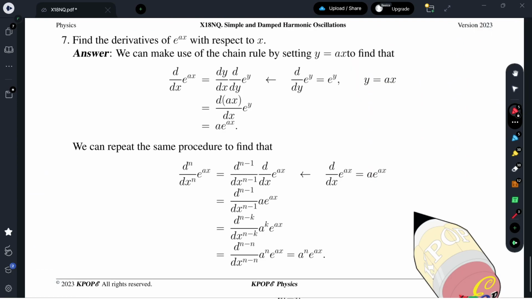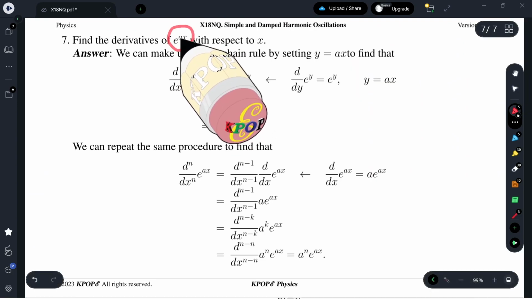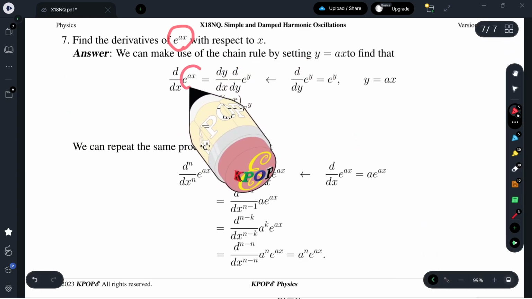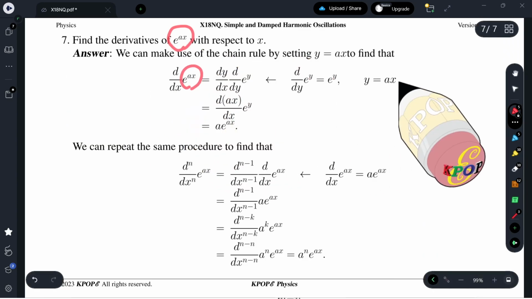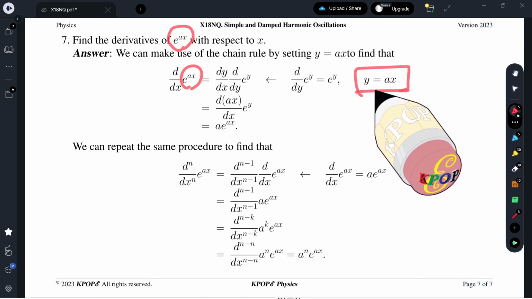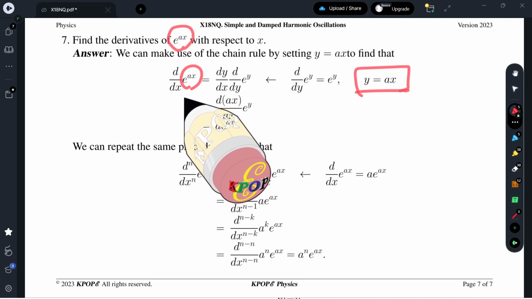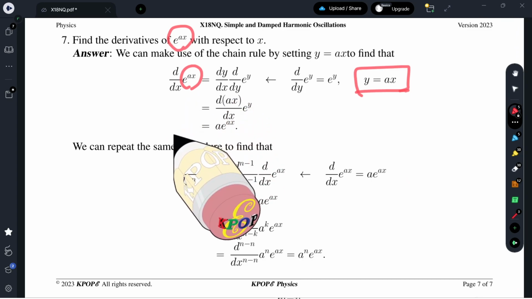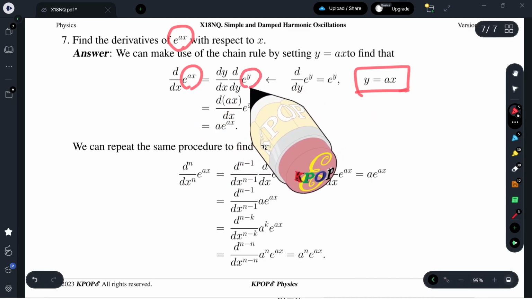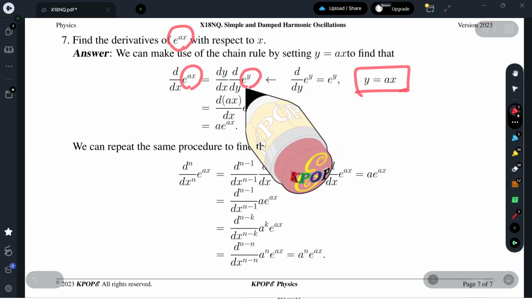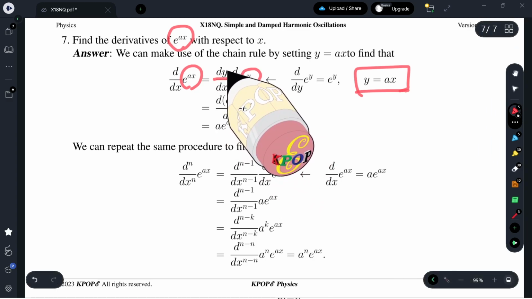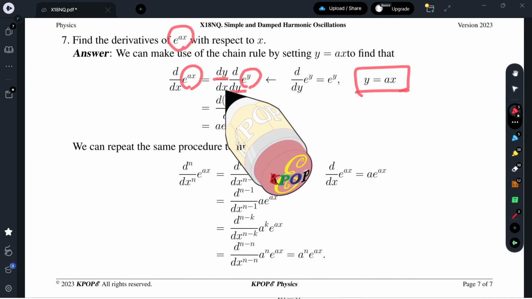Next, we consider the derivative of exponential a x. For the derivative of exponential a x, we can make use of this variable y, changing the variable, and then apply the chain rule. So this one is exponential y, and apply the chain rule. Take the derivative with respect to y and the derivative of y with respect to x.